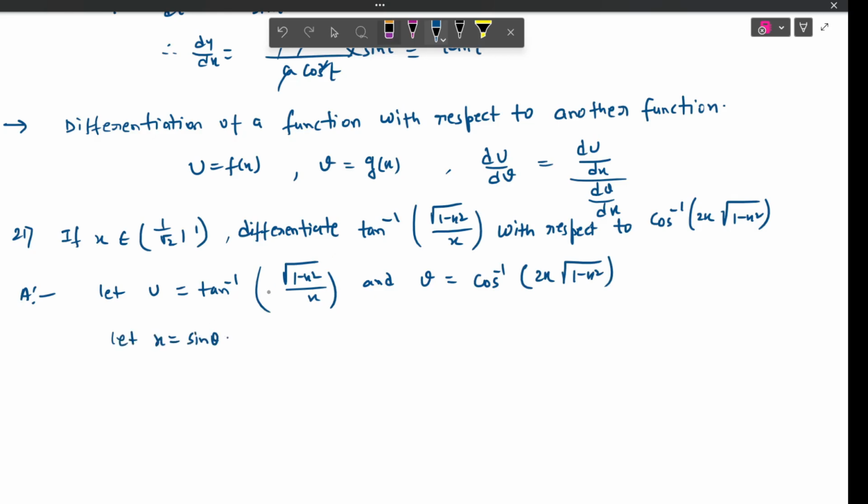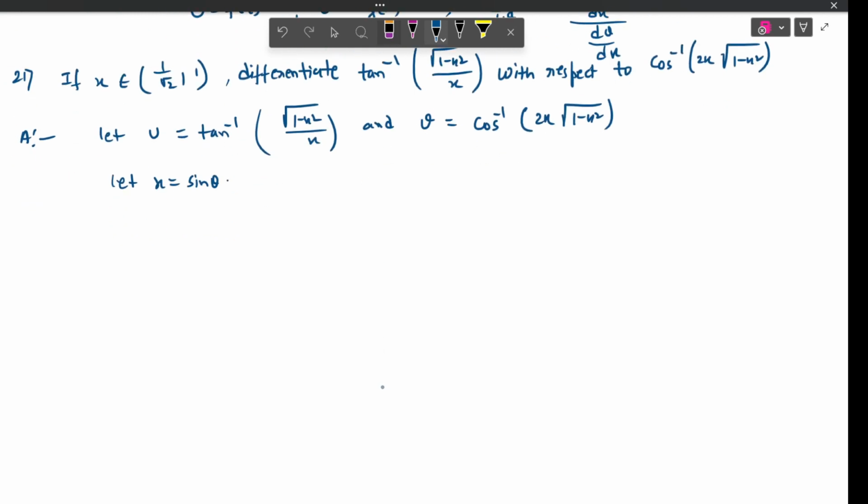We know why we have taken sin theta, because 1 minus sin square theta is cos square theta, and square root and square will cancel out. And we have already discussed that if there is 1 minus x square format, what we have to take? Now let x equals sin theta.